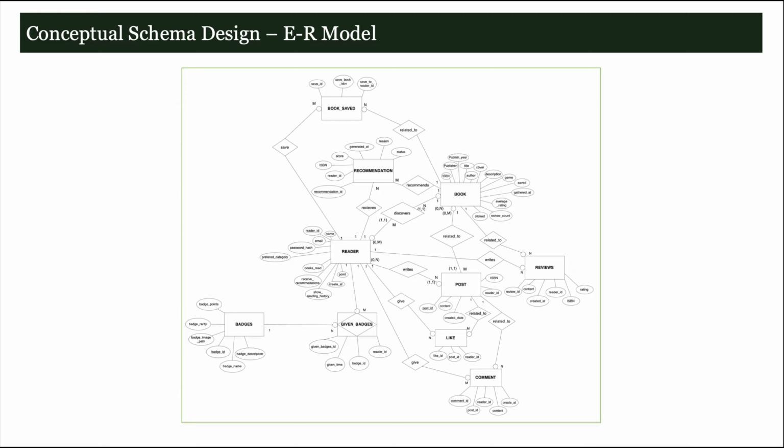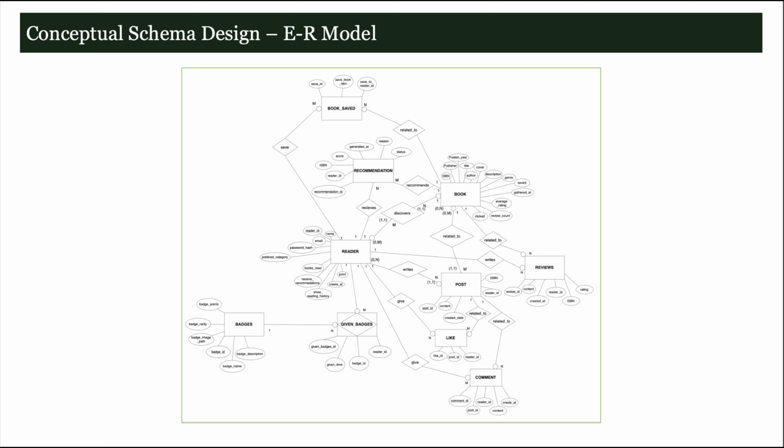Through BookSave, which is a many-to-many relationship capturing a reader's reading wish list. Through Recommendation, which stores the personalized book score for that reader. And through Reviews, which stores the reader-written critique and star rating. On the social side, a reader can write posts, optionally linked to a specific book.